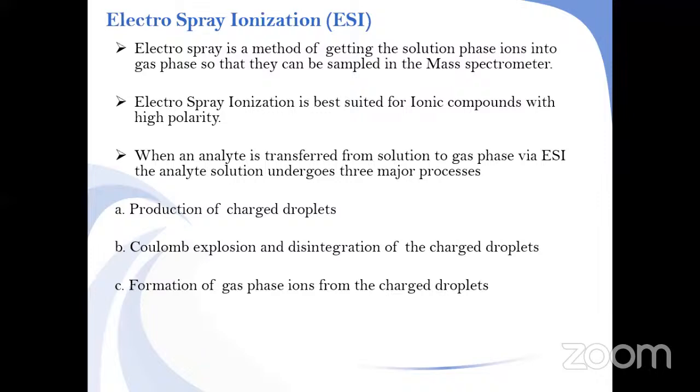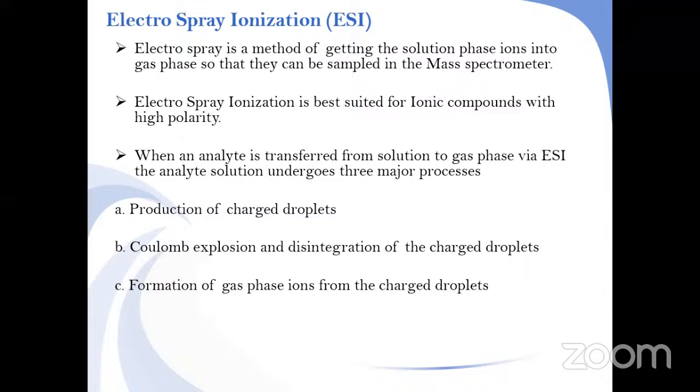It provides the softest ionization among the ionization methods, which means it can be used for highly polar compounds and the least volatile compounds. Volatile compounds we can move to GCMS methods, while for the least volatile and thermally unstable compounds we proceed with electrospray ionization.